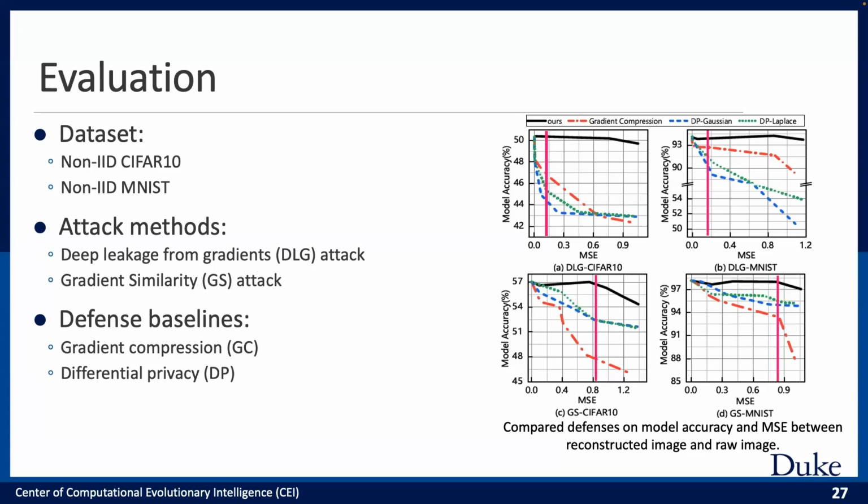You can see that even when we increase the MSE significantly, to a level where the perturbation can be visually perceived, we still see very minimal accuracy loss for the original federated learning model. That is what we want. And actually, even when the RMSE becomes 0.8, we are still able to see almost the same accuracy compared with the original one.